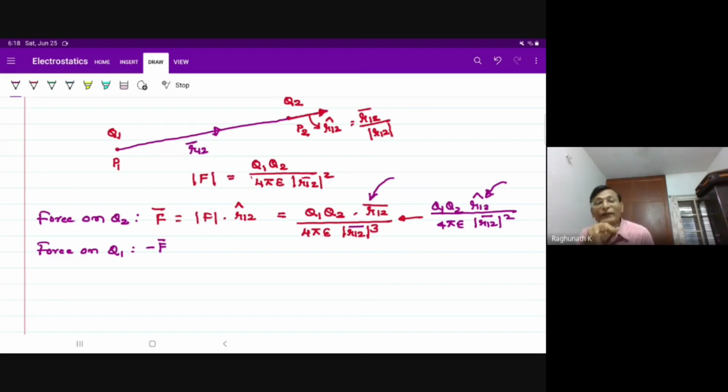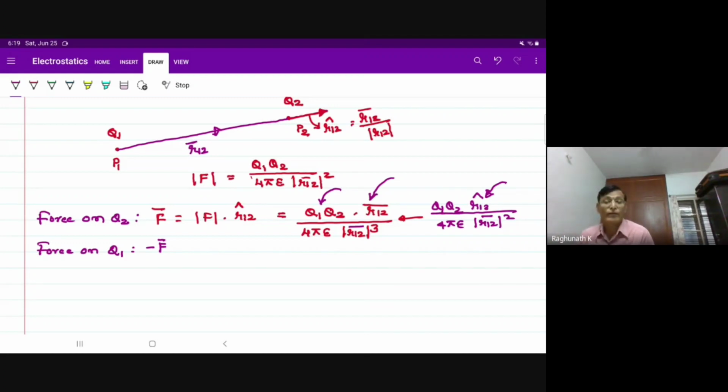If both are negative also, force is repulsive. If one is positive and another is negative, force becomes attractive, which is minus of the repulsive force. If you look at this product Q1 Q2 in the expression, if you substitute these charges with their signs, your force with proper direction will come.